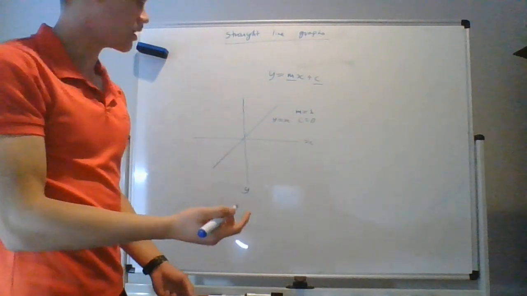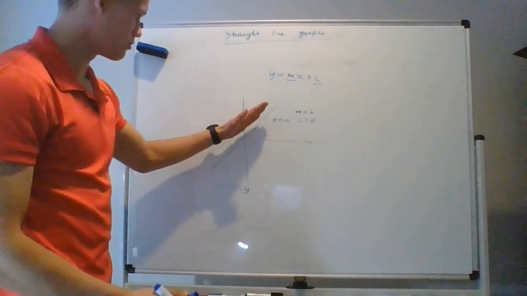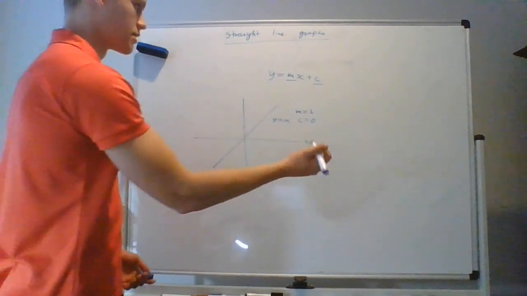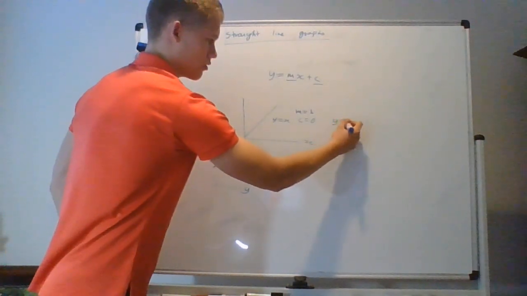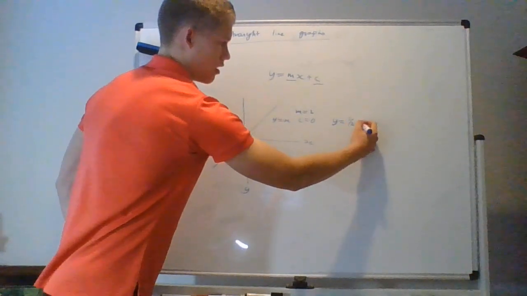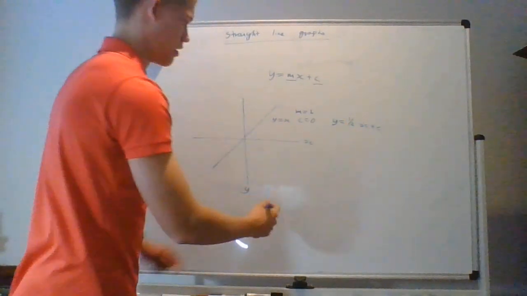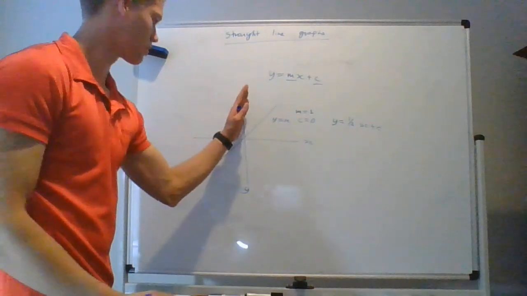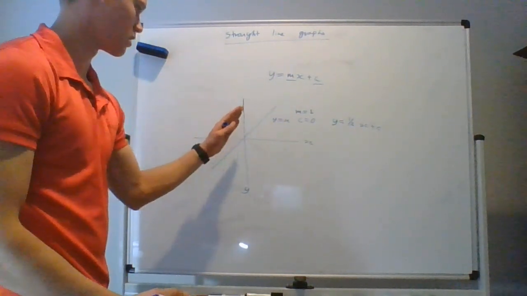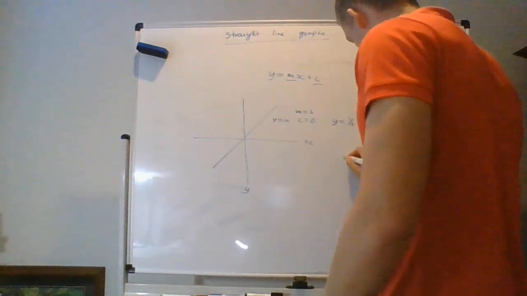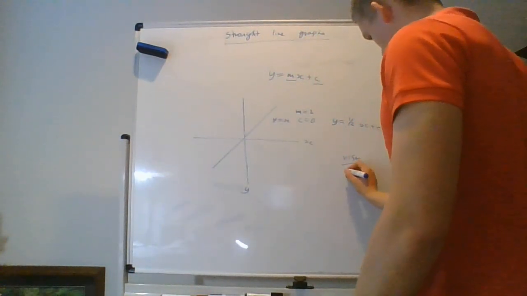Now the gradient is basically the steepness of the line. So if you had, let's say, y equals a half x plus c, that graph is going to be significantly steeper than this one because in gradient it is rise over run.